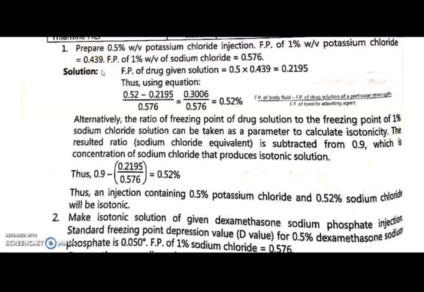So freezing point of 0.5% weight by volume potassium chloride solution is calculated by multiplying percentage weight by volume with its freezing point. So it is equal to 0.5 multiplied by 0.439, that gives the value 0.2195.